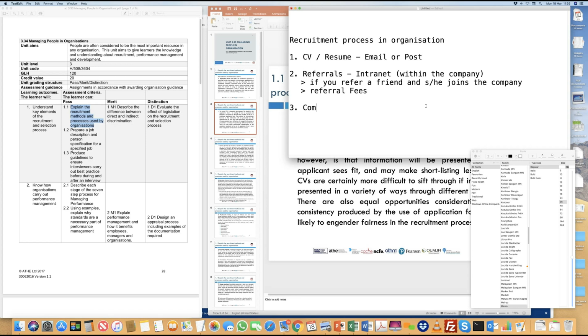Now, the other way that they look at is recruiting from competitors. Most HR managers keep track of performing people within an organization, and when I say within an organization, these are generally competitor organizations. If I look at, say, Virgin Media, Sky and Virgin are competitors, isn't it?